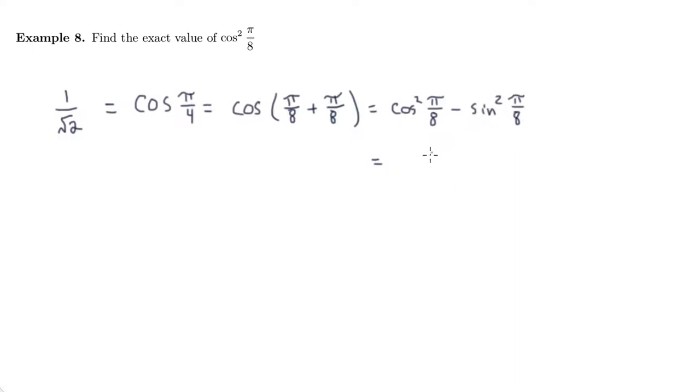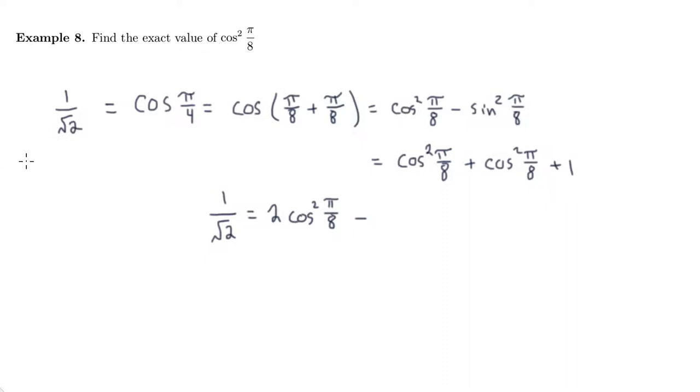But remember, I can also use the Pythagorean identity. Because negative sine squared, we've already seen this, is actually cosine squared minus 1. So I have this equation: 1 over square root of 2 is equal to 2 cosine squared pi over 8 minus 1.